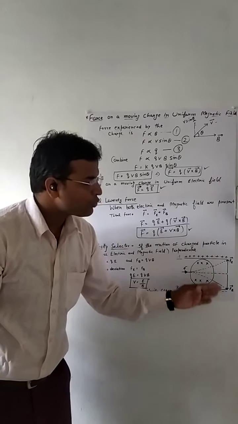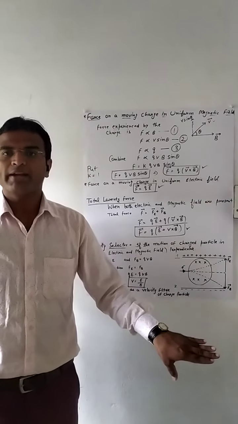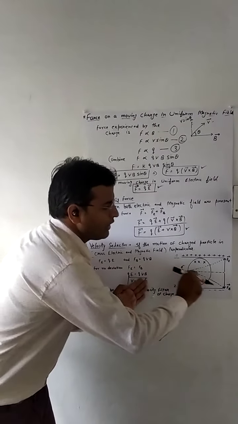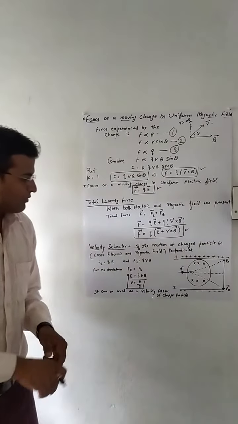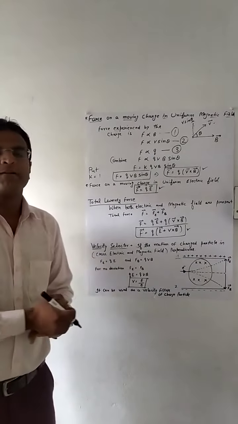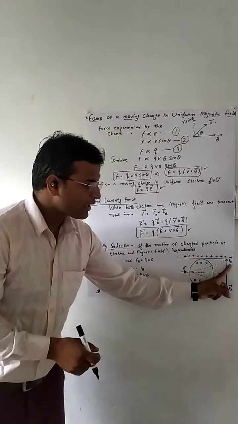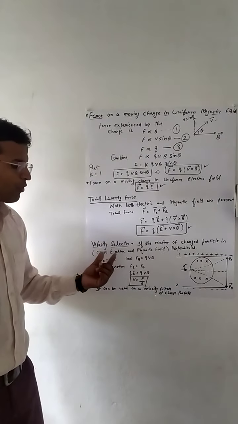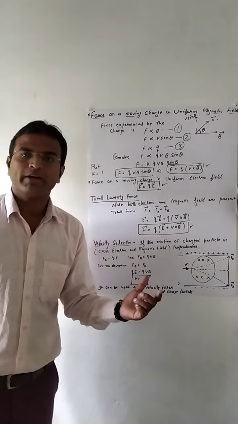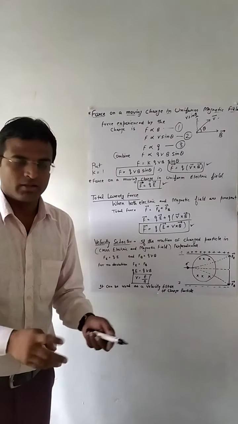When the force due to the electric field is less than the force due to the magnetic field, it moves in the downward direction. Now, in this case, we consider the force due to the electric field equal to the force due to the magnetic field.